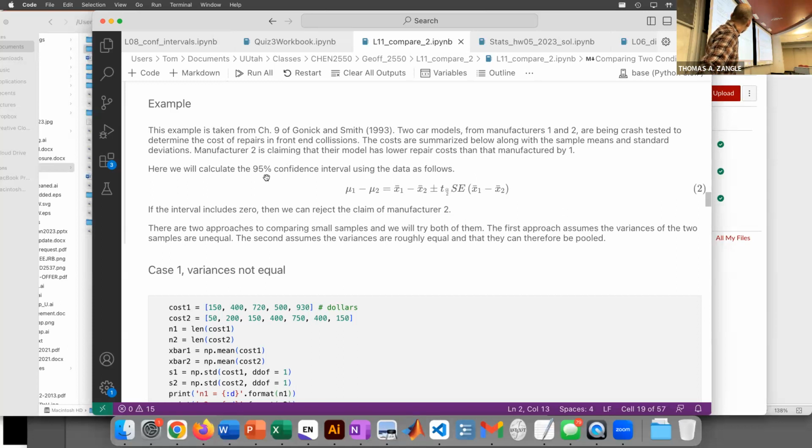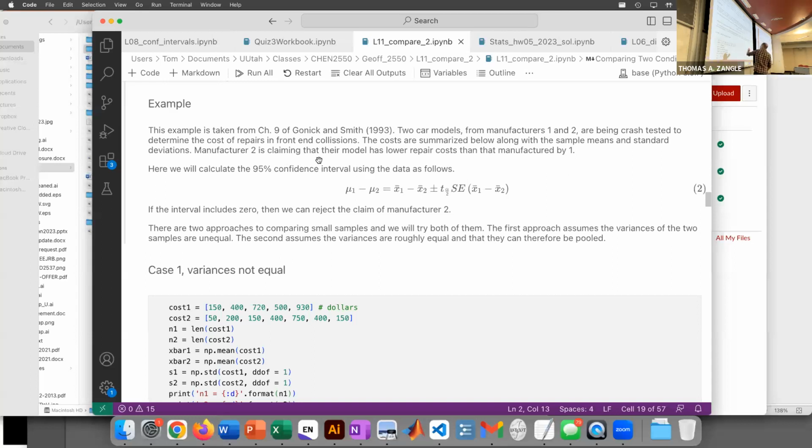So our approach here is going to be a little bit different. We're basically going to focus just on the 95% confidence interval on the difference between the means. And we're going to see if that 95% confidence interval encompasses 0. And that'll tell us whether or not we expect that there is a difference between those two.